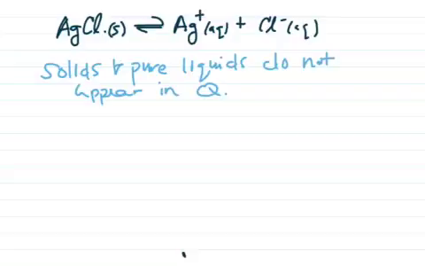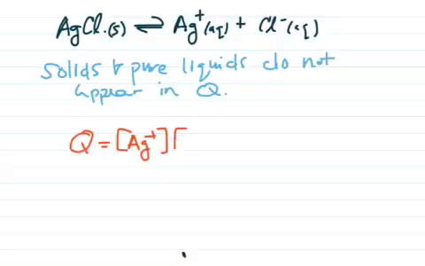So when we write this out, our Q is going to equal our products first, so we write out Ag+ and Cl-, all over, and because silver chloride is a solid, we don't have a reactant, so this is all we have. Let's show another example of this.